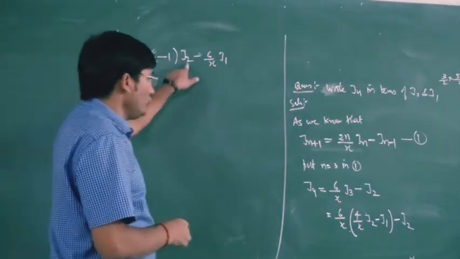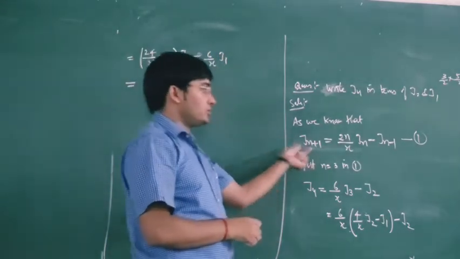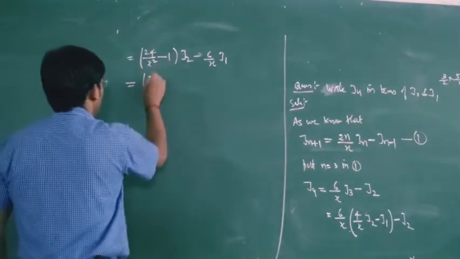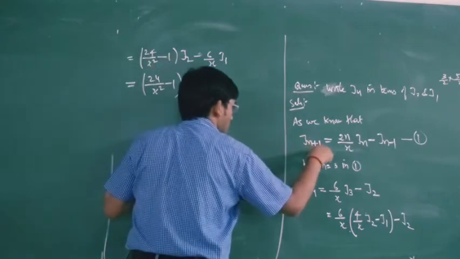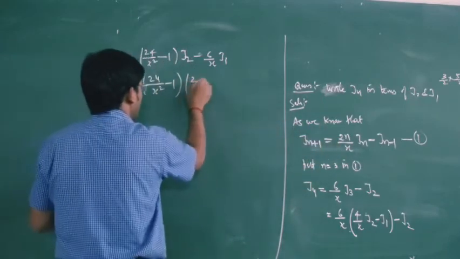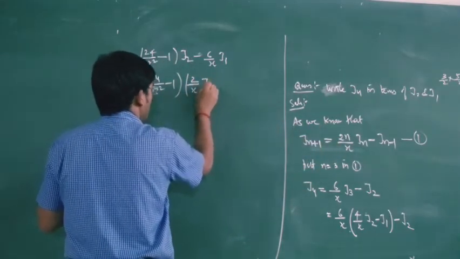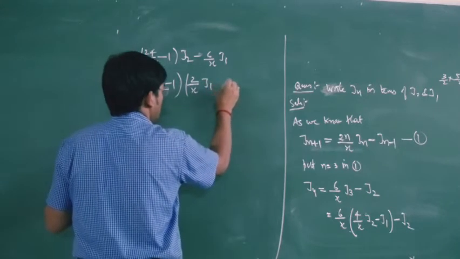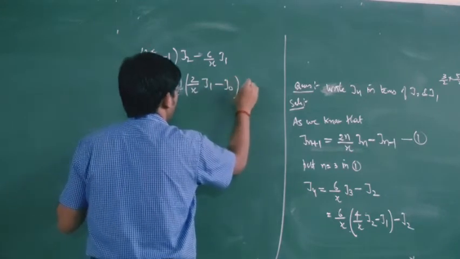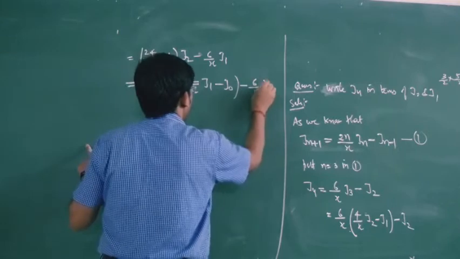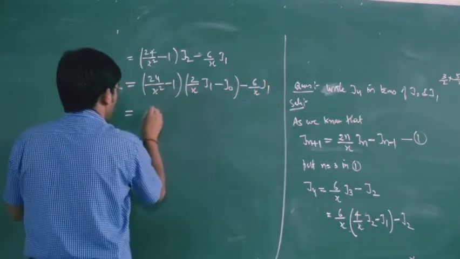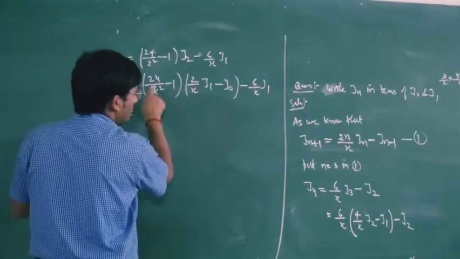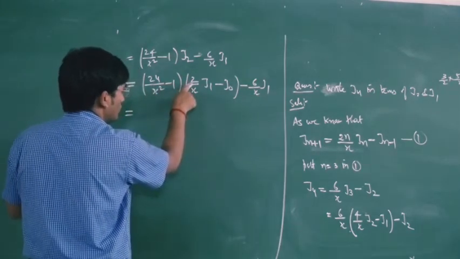Now again for J2, put n equal to 1 here. So this is equal to 24 upon x square minus 1, and if we put n equal to 1 here, then we will have 2 upon x J1 minus J0, and then we will have 6 upon x J1. So on multiplication we will get, now this term will be 24 into 2.